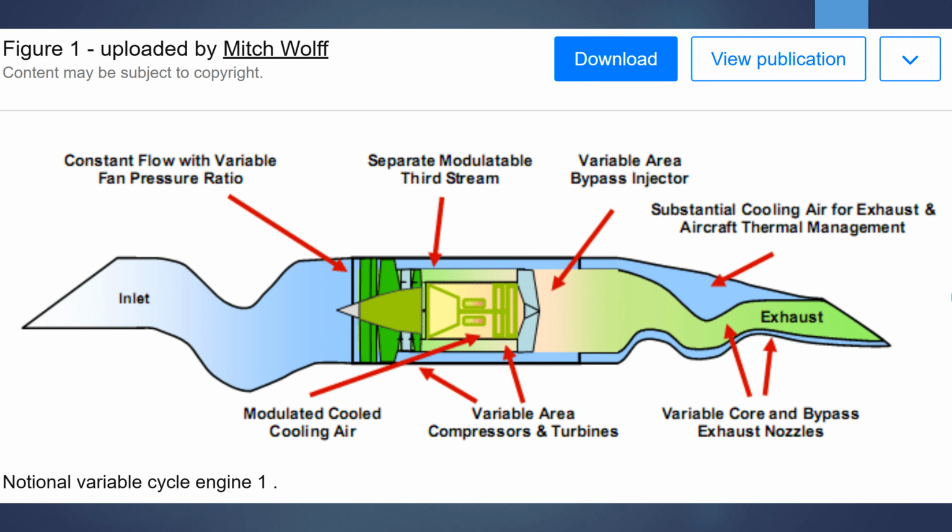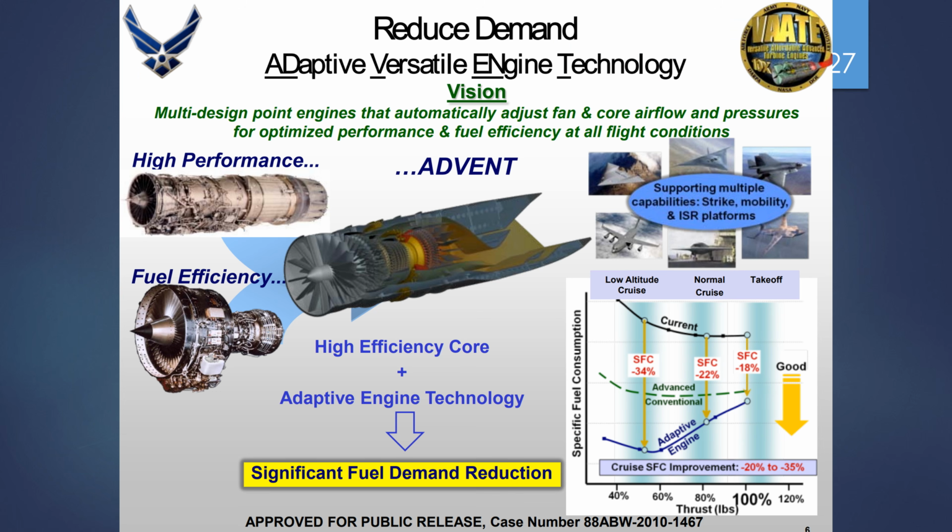And we have significantly strong data from the US government to corroborate that. And let's go to that. The Advent engine design concept. This is approved for public release. We're working with open source intelligence here. And we can see here, there is an engine that does this.